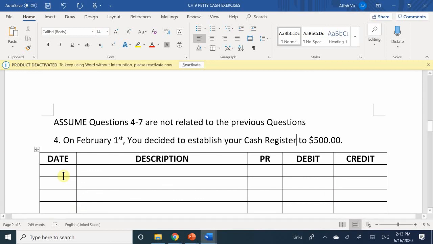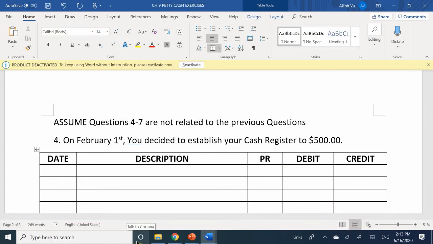So here, I'm going to journalize the 1st of February. And I'm going to establish my cash register.